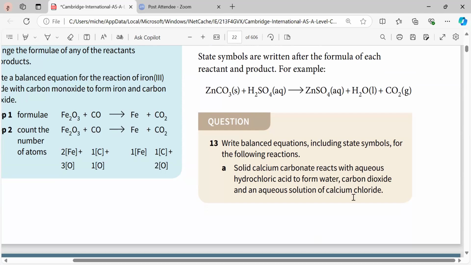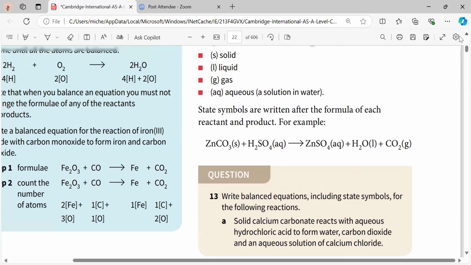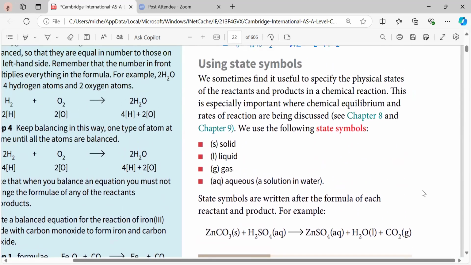Okay, so now we don't really have to think twice about the form. What do you call this? Suddenly I forgot about the physical states.